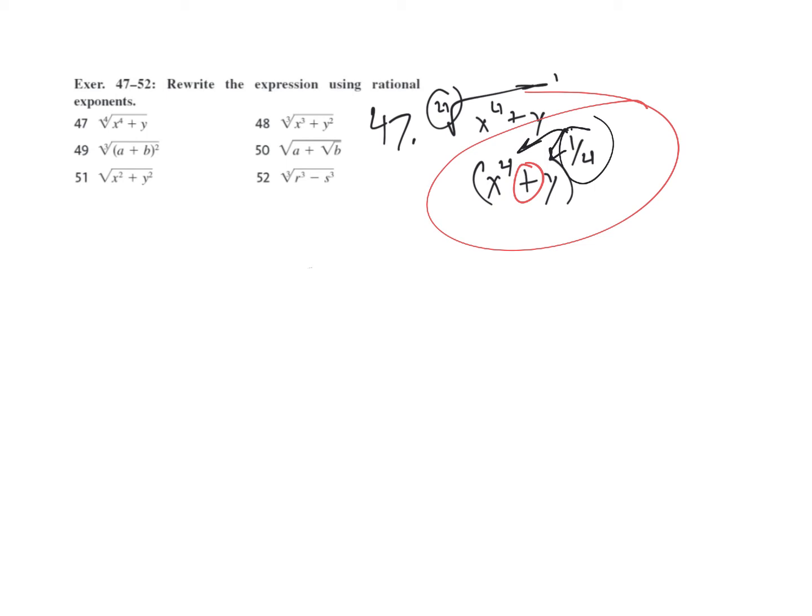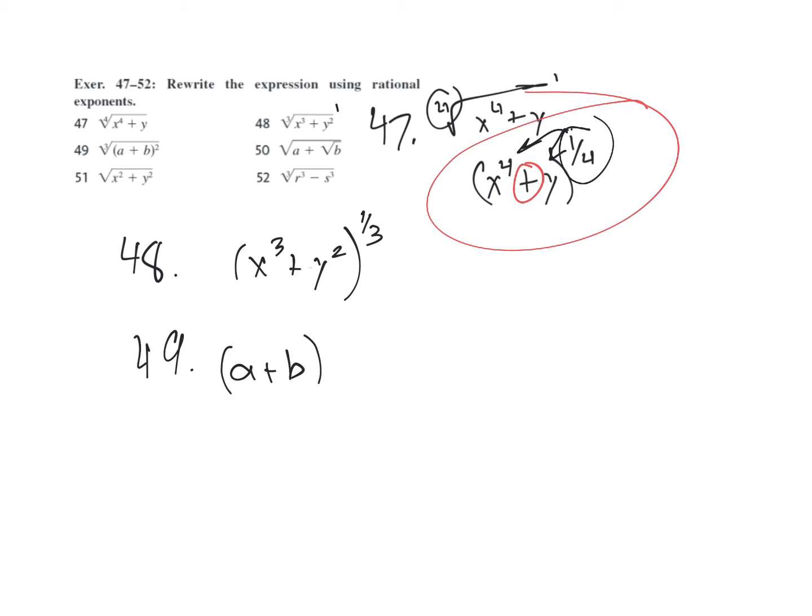Alright. Number 48. So all you're doing is rewriting this. So the group is x cubed plus y squared raised to the 1/3 power, because there's a 1 as an exponent and the 3 is the root. Alright, 49. The group is a plus b.